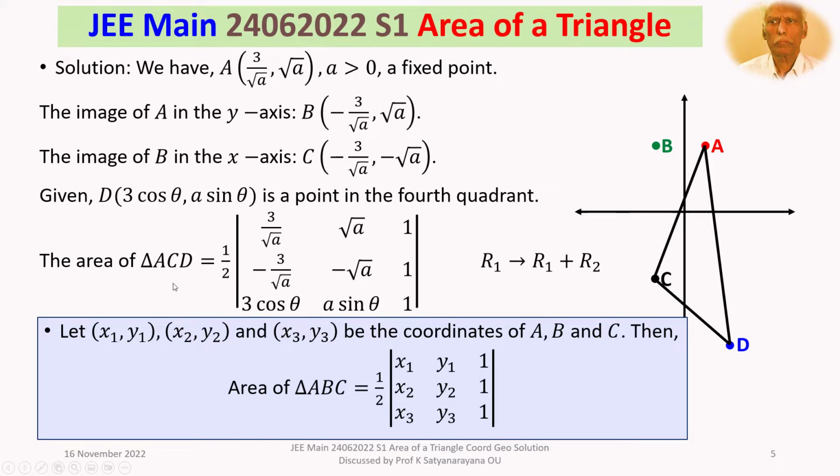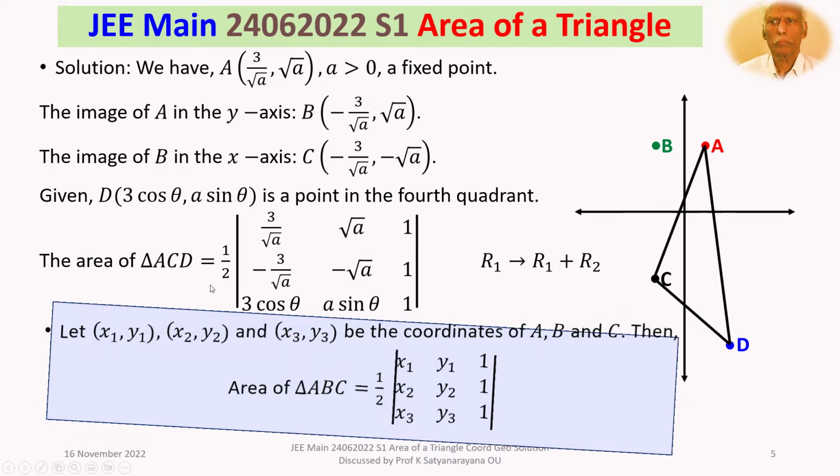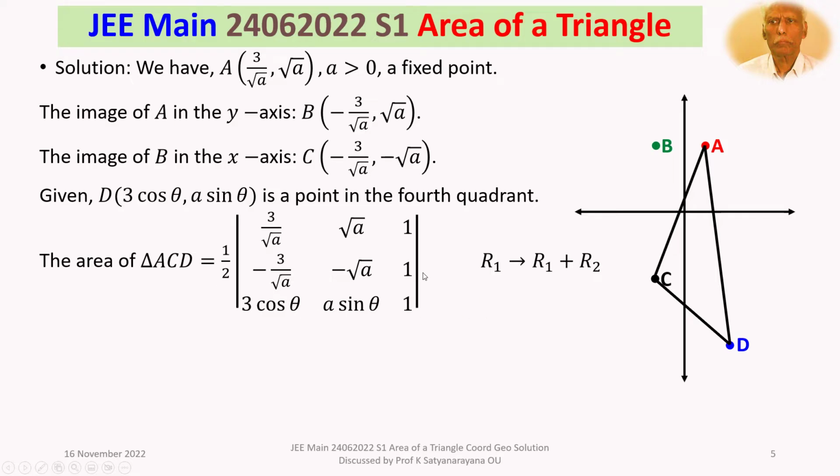So that is the area given as a determinant. Now, in the place of R1, you write R1 plus R2. Then this will be 0, this will be 0, and this will be 1 plus 1, which is 2.